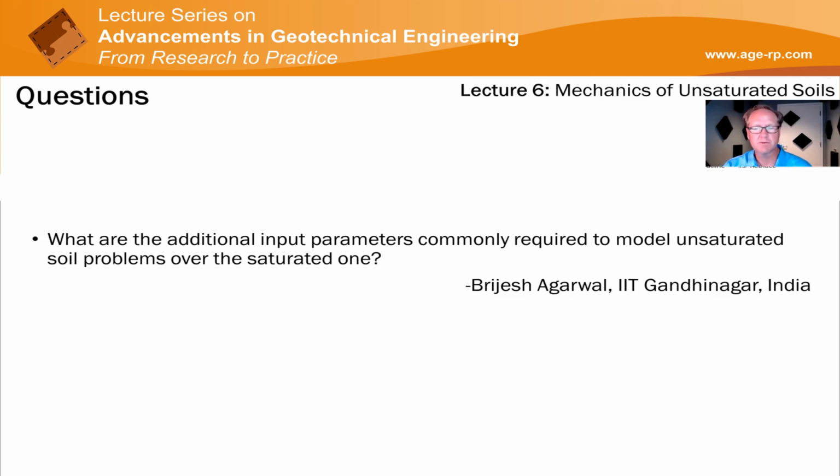What are the additional input parameters commonly required to model unsaturated soil problems over the saturated one? Well, if you are estimating them like we talked about, then you just need grain size, and you can estimate your soil water characteristic curve, and then you are also recommended to measure your saturated hydraulic conductivity, and then you can estimate your unsaturated hydraulic conductivity from your soil water characteristic curve.